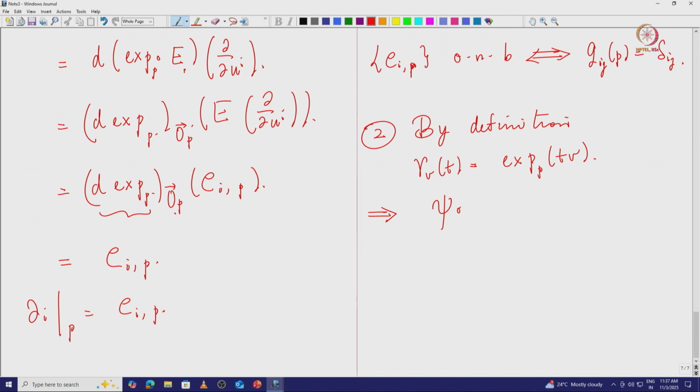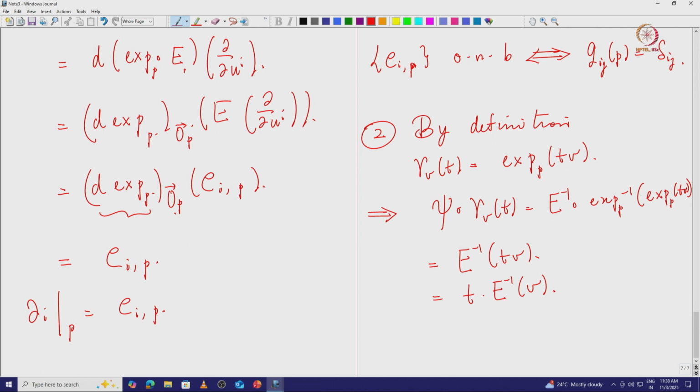So psi composed with gamma v is basically E inverse composed with the exponential inverse acting on the exponential map acting on tv. So the two exponential maps cancel, so this is just E inverse of tv, but because it is a linear map, that is just t times E inverse of V. Now what is V?